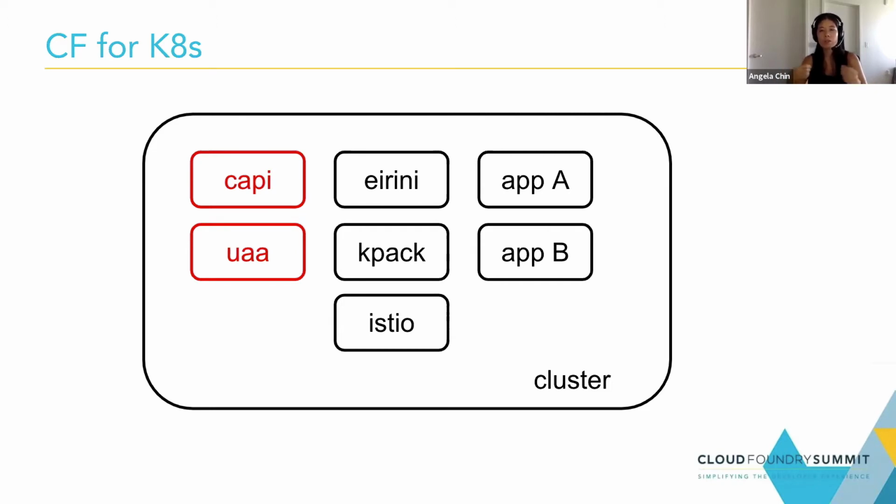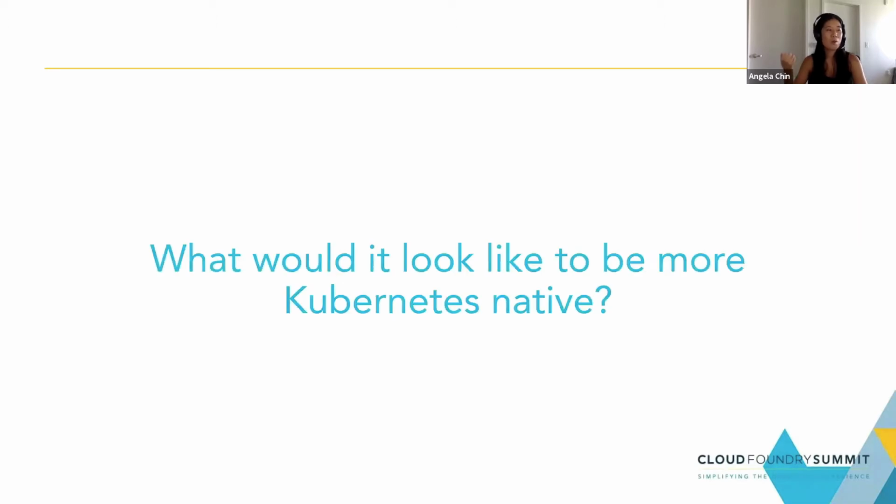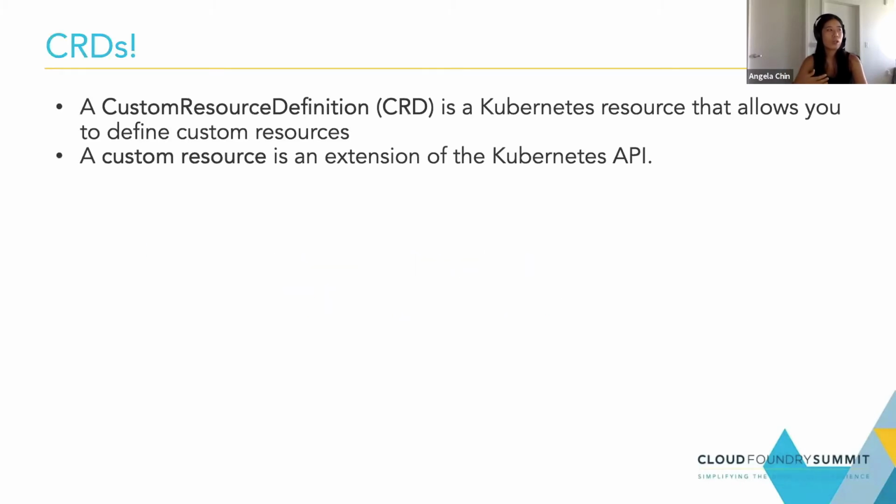And so to really try to embrace the philosophy of being Kubernetes native, it begs us to ask the question, what would it look like for these different components and the Cloud Foundry architecture as a whole to be more Kubernetes native? And this is where CRDs come into play.